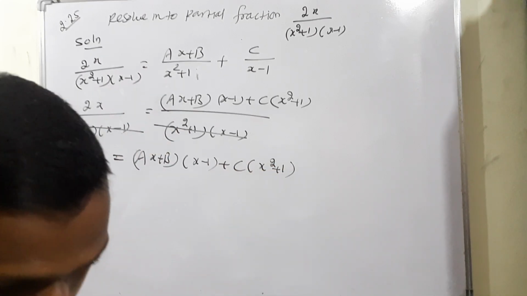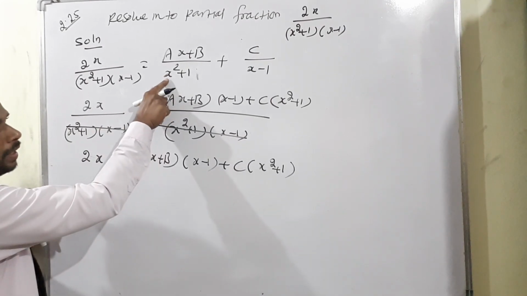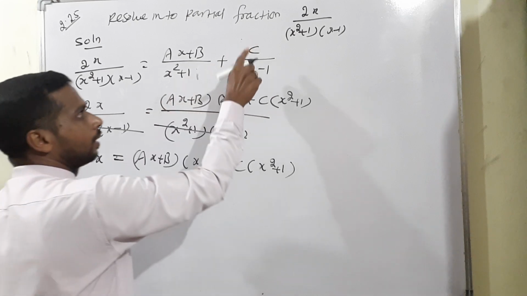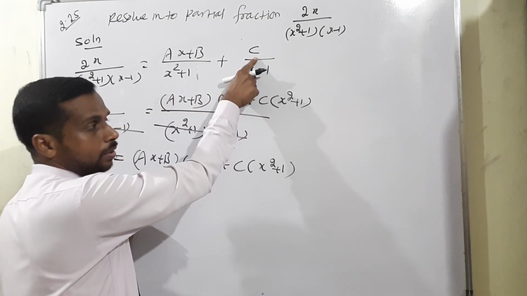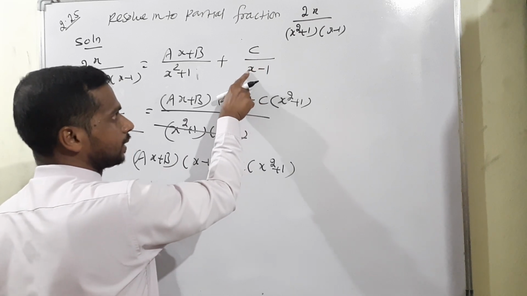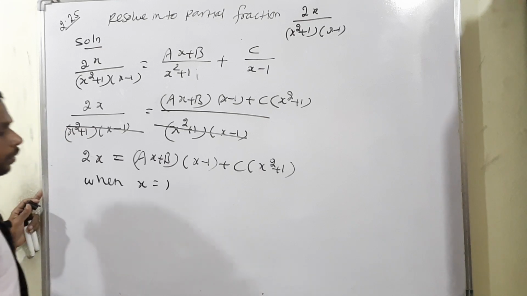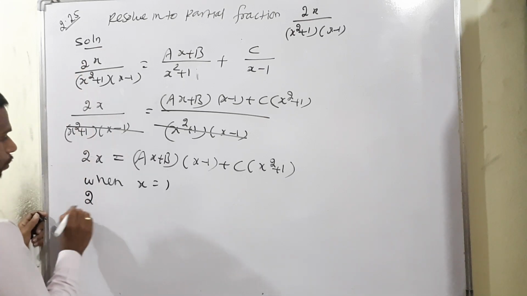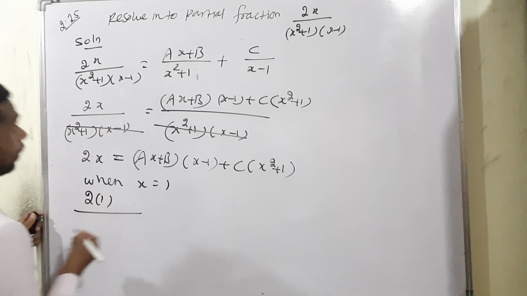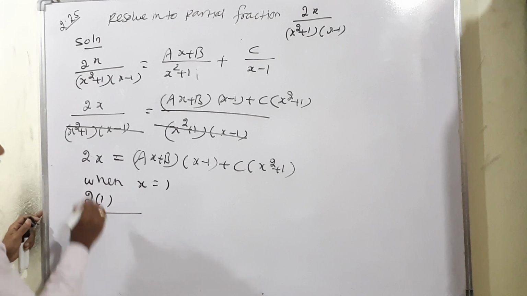Now the difficult part here is the denominator x square plus 1, but if you need to find c, x is equal to positive 1 will give us the c value. So how to rearrange when x is equal to positive 1? When x is equal to positive 1, what will happen? 2 into 1 divided by x square means 1 square, so 1 plus 1, 2.